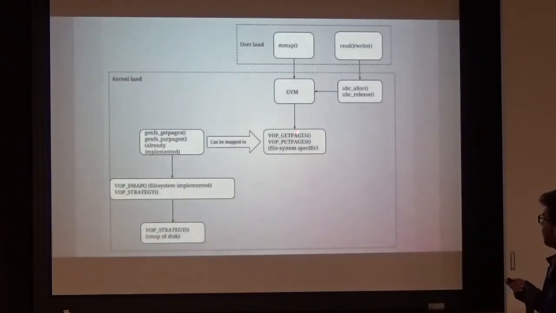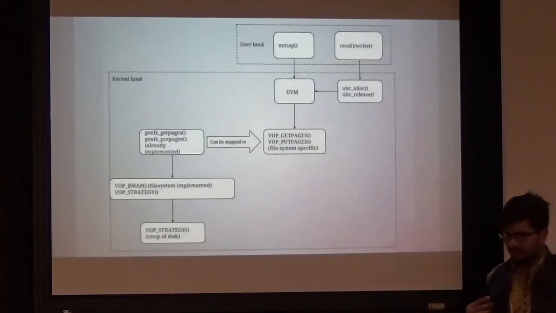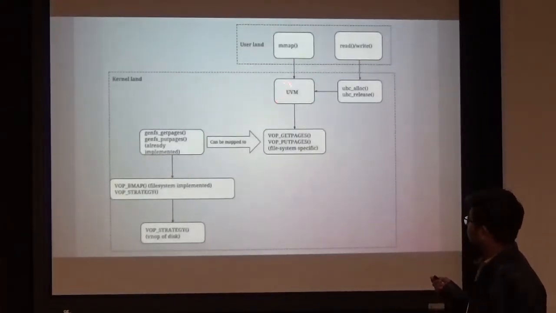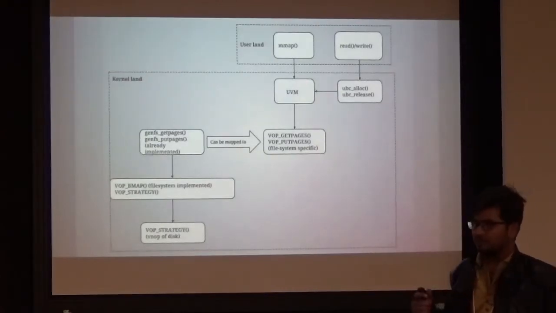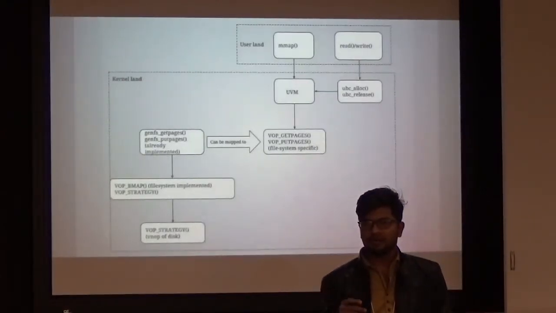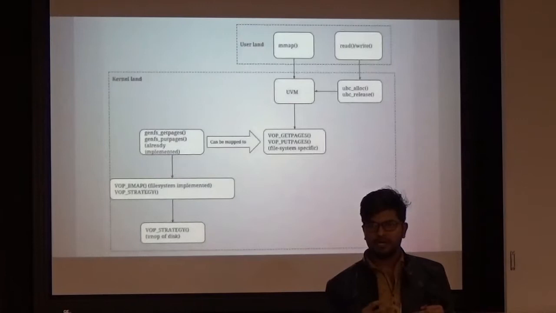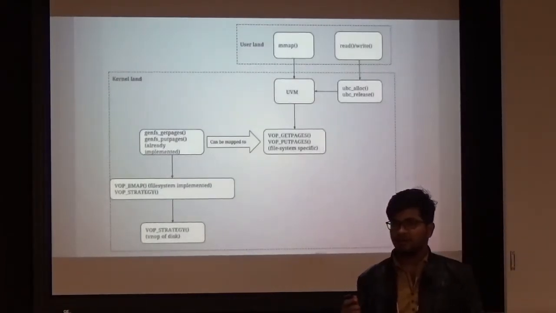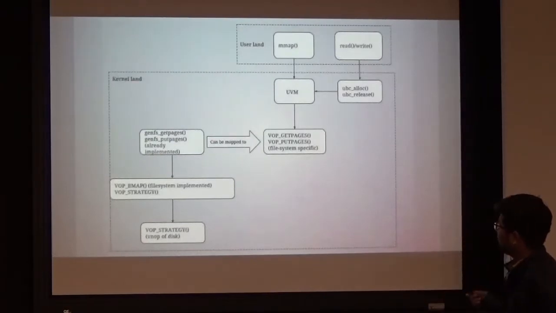So here UVM directly invokes these two functions, and they take care of getting the data, storing it, getting the file data block mapping, and then writing to the disk.